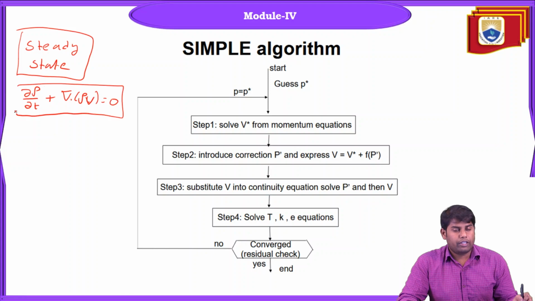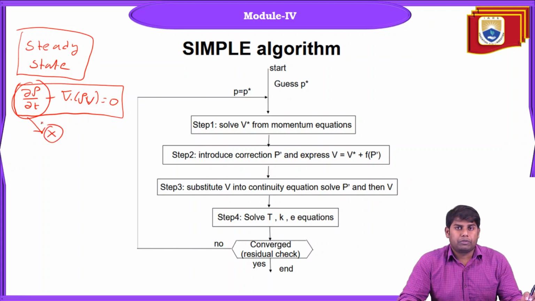So this is the full form of the continuity equation. When I say the steady state equations, the time derivative terms will not be present. We will neglect the time derivative terms. Other space derivative terms are available. So that is steady state.